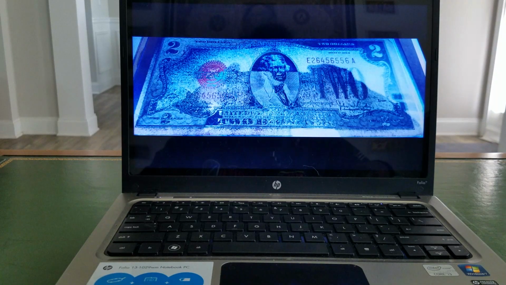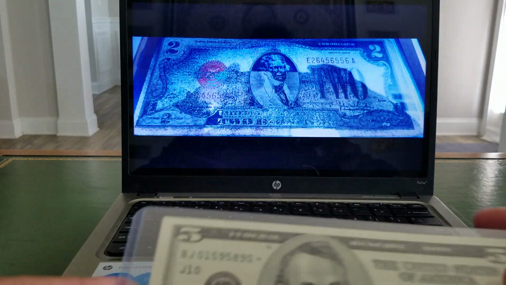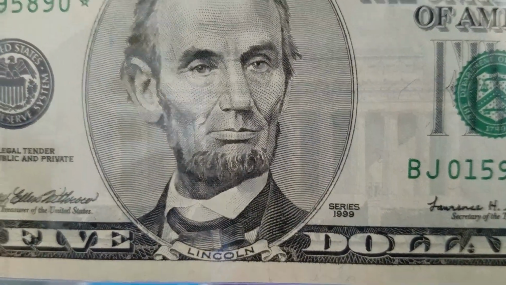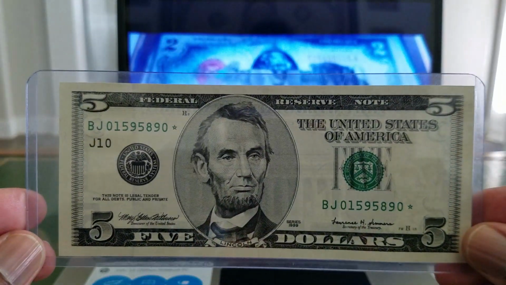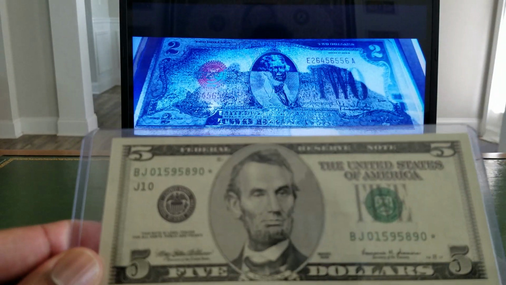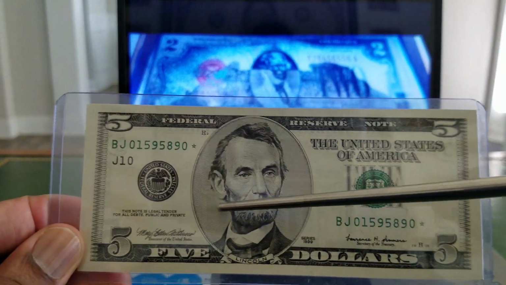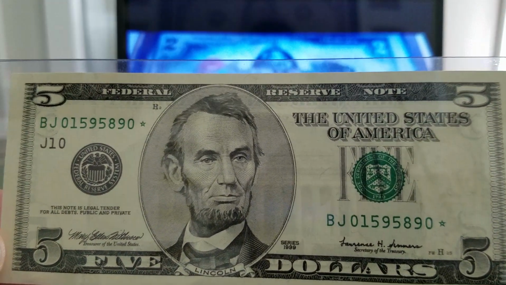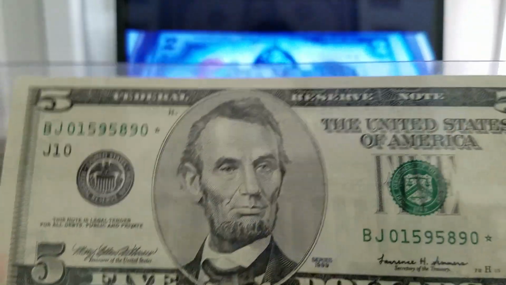On the next note we have, this note is from a series 1999. This is what they call a monochrome note. Mono meaning one, there's only one tone of color going throughout this note. I call it like an olive drab color.